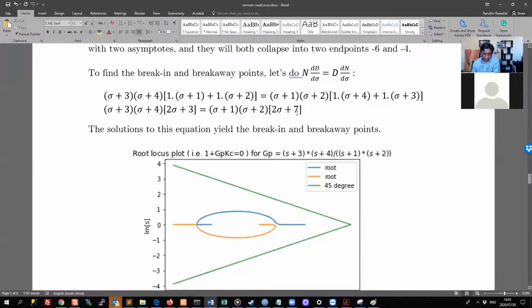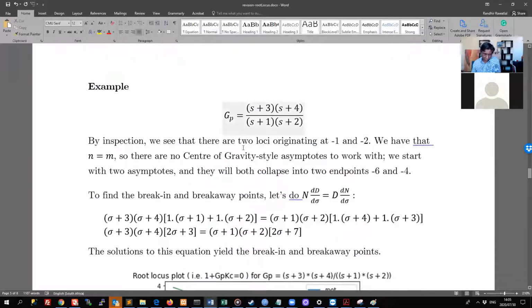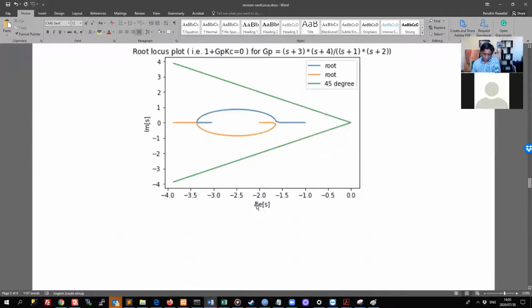Then if we go and graph this, and I've just copy pasted this in here, what we'll find, of course, is our poles are here, at -1 and -2, right? So again, our loci start at the poles, -1 and -2.